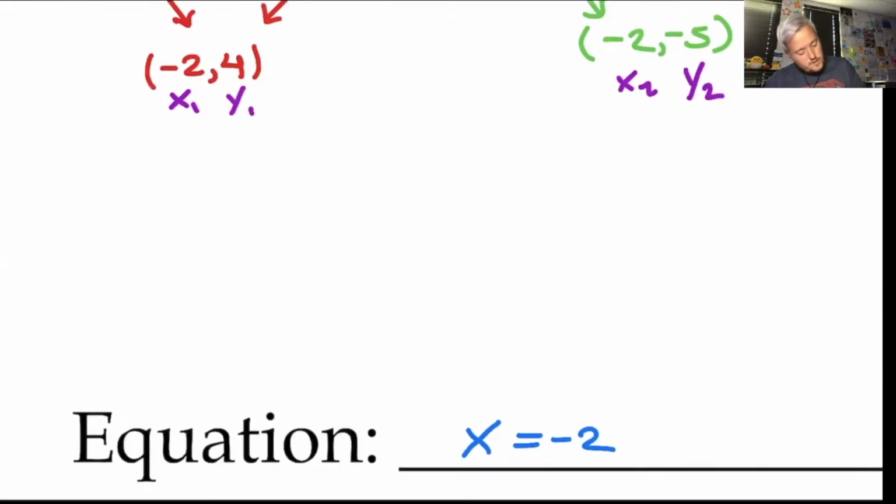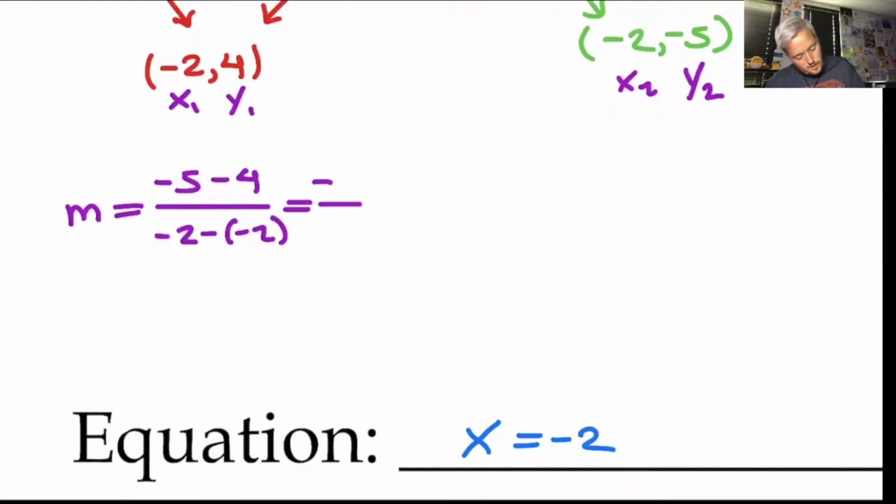So the slope, y2 minus y1, so -5 minus 4 over -2 minus -2. So that's going to give you -9 over -2 minus a -2, which turns into -2 plus 2, which is going to give you 0.